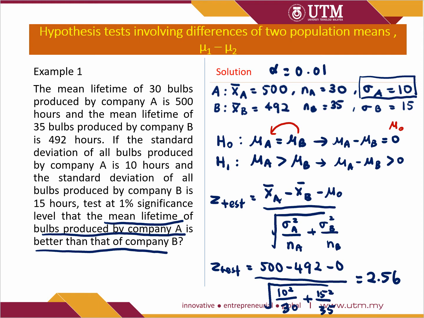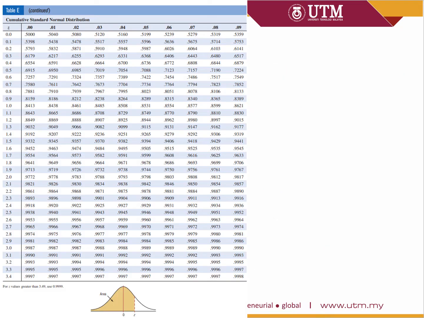Now let's identify whether we have to reject or accept the null hypothesis by finding the critical value. Given that the significance level alpha is 0.01, we want to find the critical value Z alpha, which is Z 0.01.